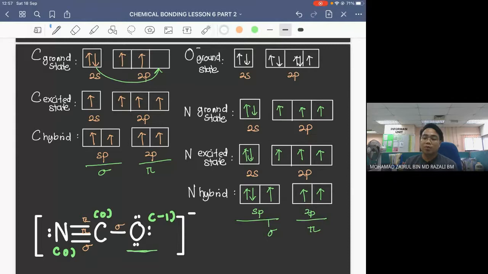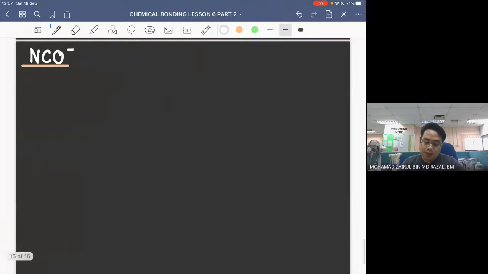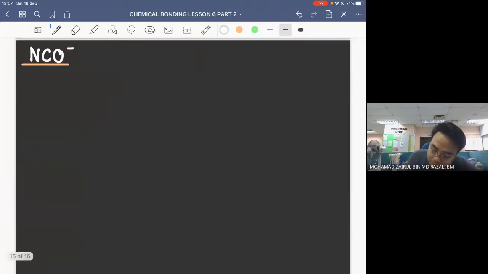So kita boleh lukis orbital overlapping diagram. Okay, so kita lukis dulu carbon tu adalah hybrid, dia adalah sp hybrid. So sp hybrid dia punya shape adalah linear. Okay, awak label carbon, awak lukis terus dia punya single pair.